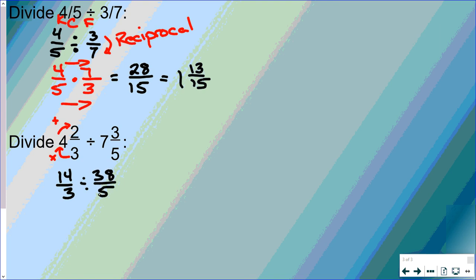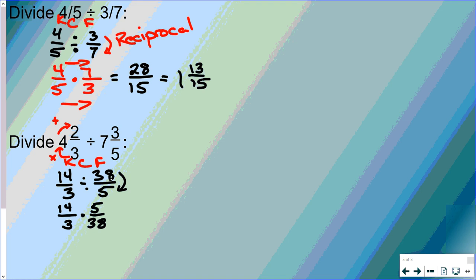Keep the denominator. Check my diagonals here. Doesn't look like I have any common factors, unfortunately. So now I'm going to do keep, change, flip. Keep the 14/3. I change the division to multiplication, and I flip this fraction over, taking its reciprocal.